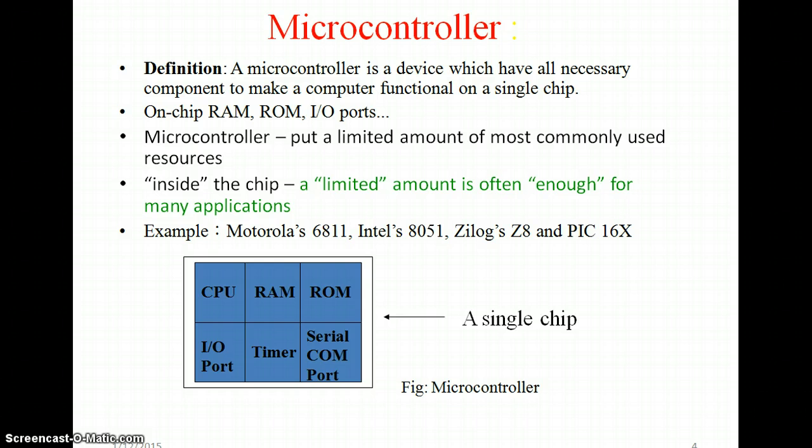All the necessary components which are required to make a computer functional are available on a single IC. And these are the examples: Motorola 6811, Intel 8051, Zilog Z8, and PIC peripheral interface controller 16X.